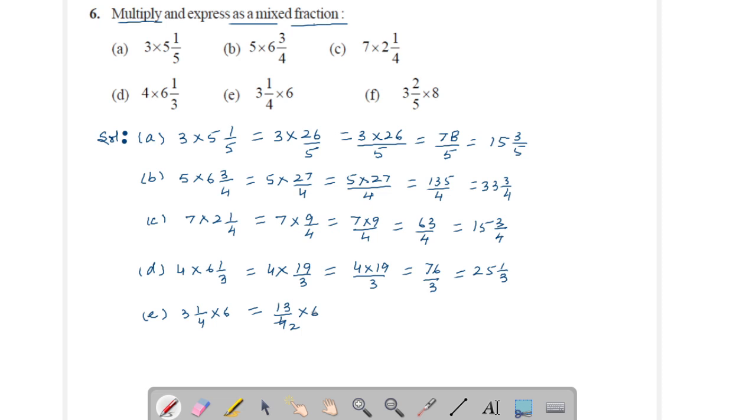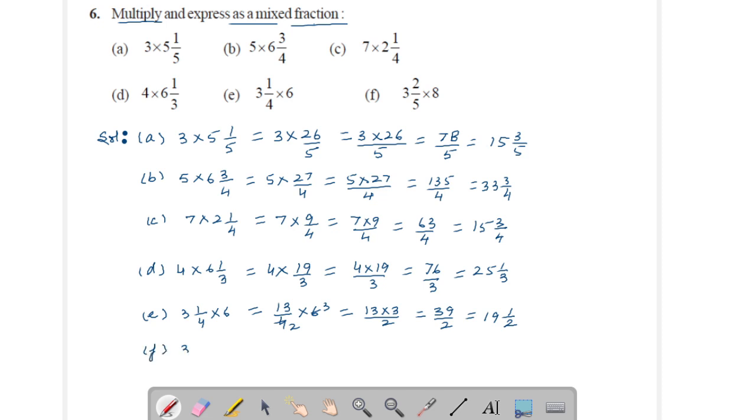This is 2, 2 3s are 6. Multiply it, 13 into 3 upon 2, 13 3s are 39 upon 2. Convert into mixed fraction, you will get 19, 1 upon 2. This is your answer. Now come to F part.